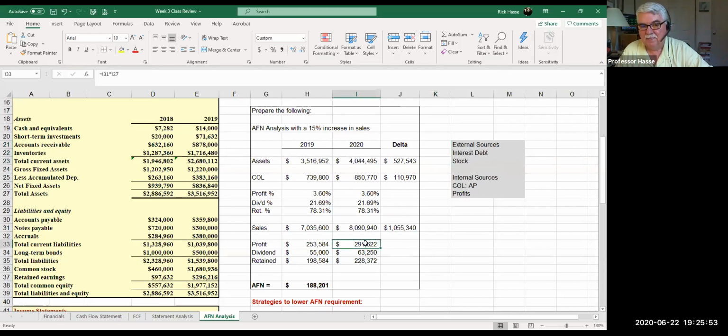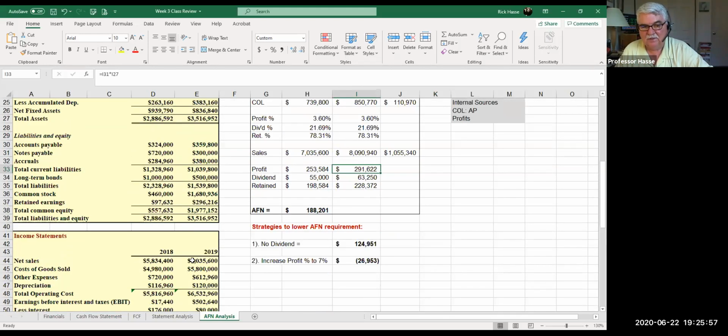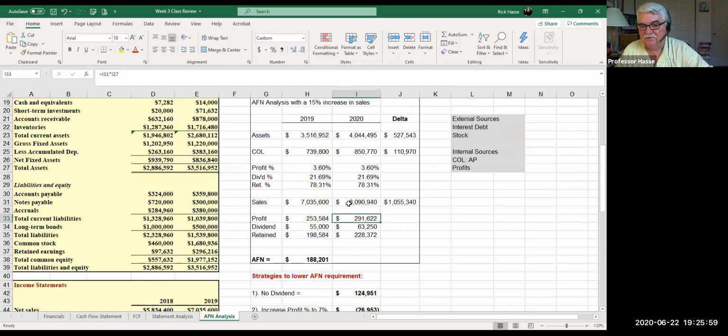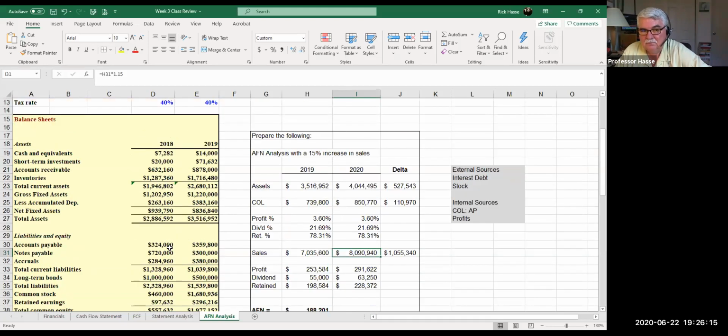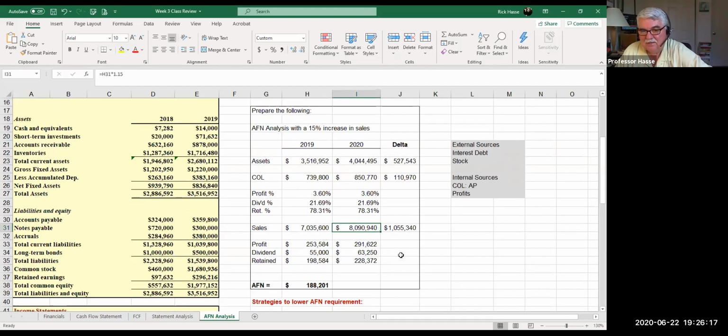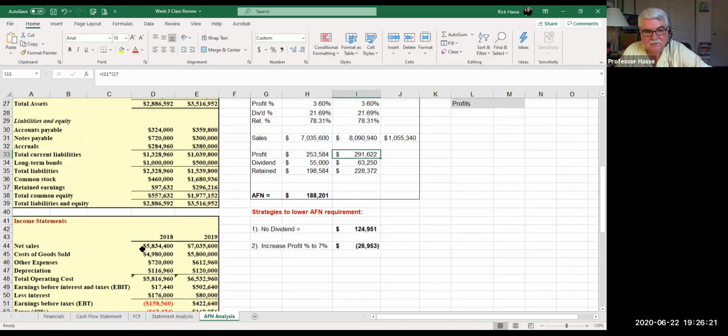Well, here it is right here. If my sales go up 15%, remember this year it was 7,035,000. If I increase those by 15%, and I better know what I'm doing because that requires marketing, it requires hard work, my sales are going to increase to $8 million. If I maintain the same profit margin as I had in 2019, I believe it was about, where is that number?